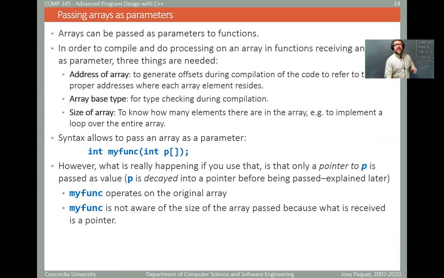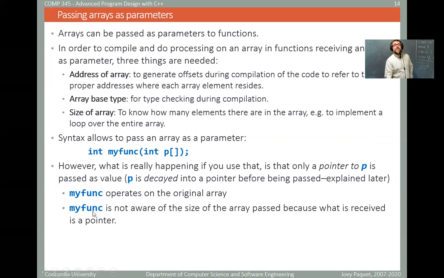I will come back at the end of this lecture to what decaying an array to a pointer means. Because you pass a pointer, the array is not copied. So if the function you're calling changes the values inside the array, it is actually changing the values inside the original array that was passed by the calling function.